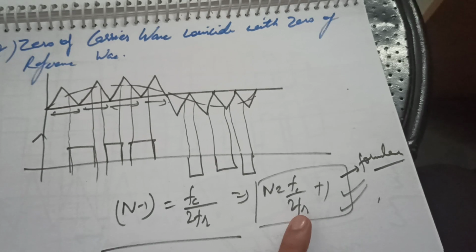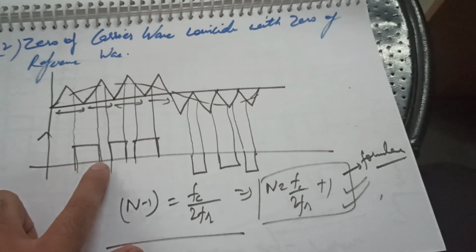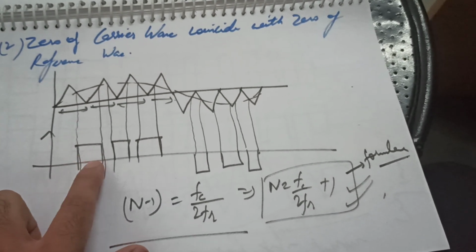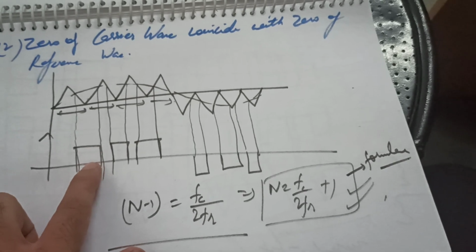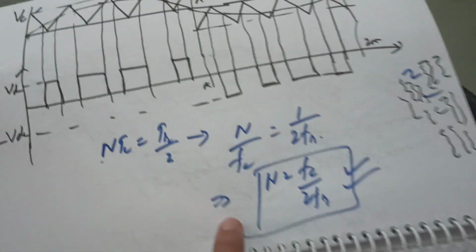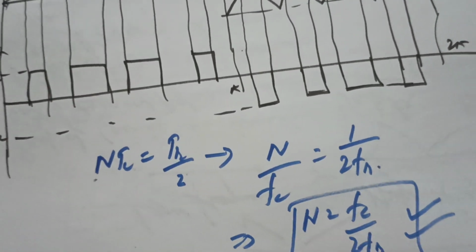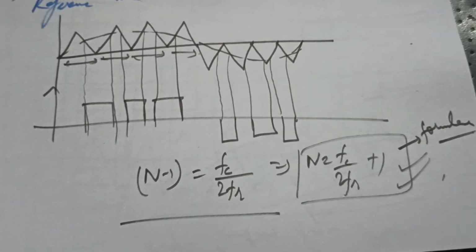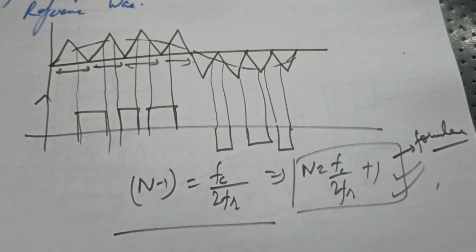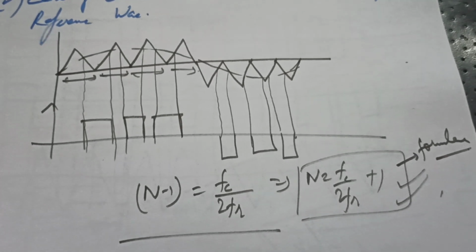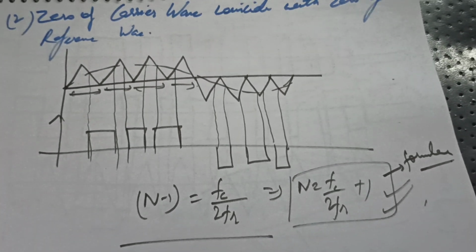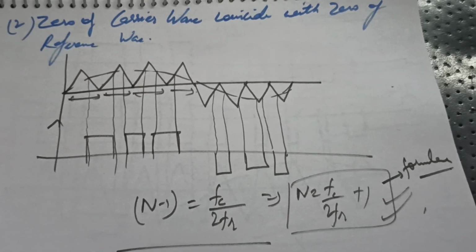If you are getting this duration, the total pulse duration, you can get that. What we are commenting here is that the number of pulses here will be Fc by 2Fr, this is very clear. But in this case, the number of pulses will be Fc by 2Fr plus 1. Is it clear? This is the major difference.